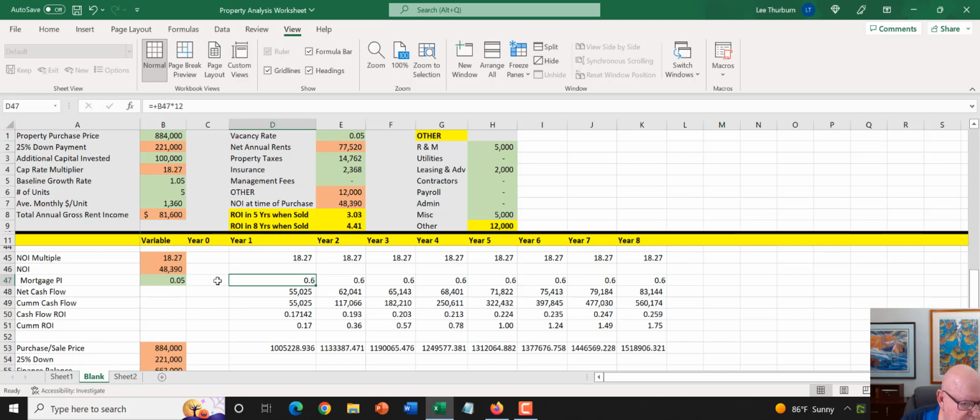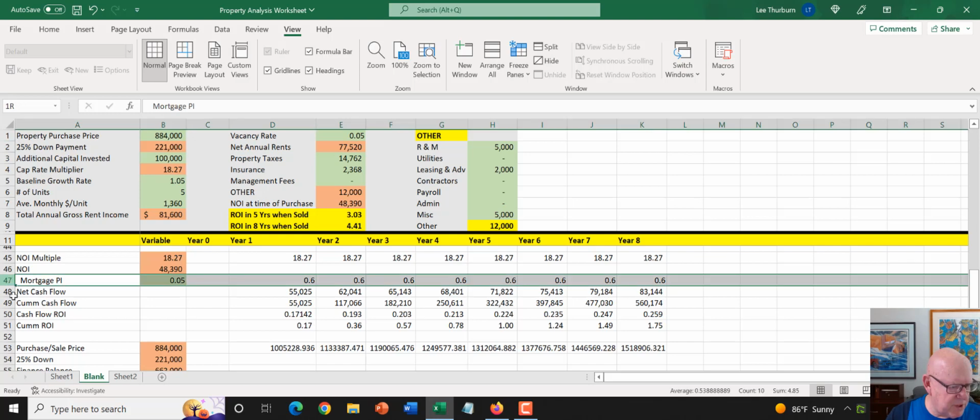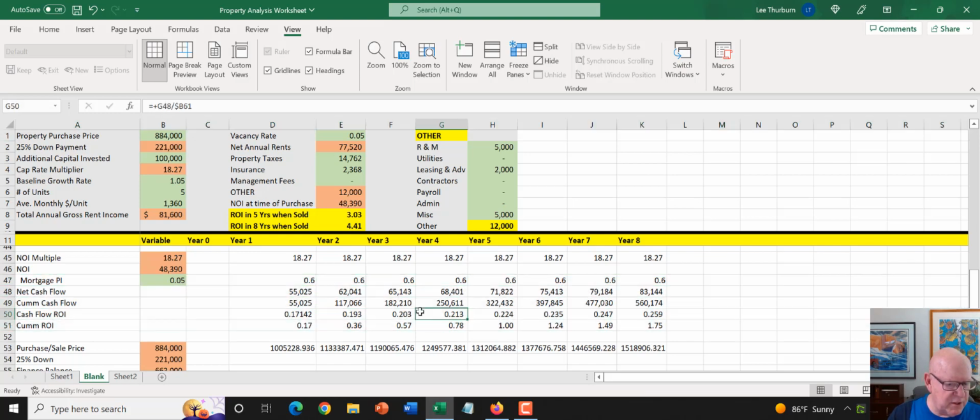So basically 0.05 times 12 is 0.6%. So what we're trying to do in this section here is calculate our mortgage debt service. Okay, so now we need to know the mortgage principal and interest. That's not our interest rate, that's our principal and interest amount.